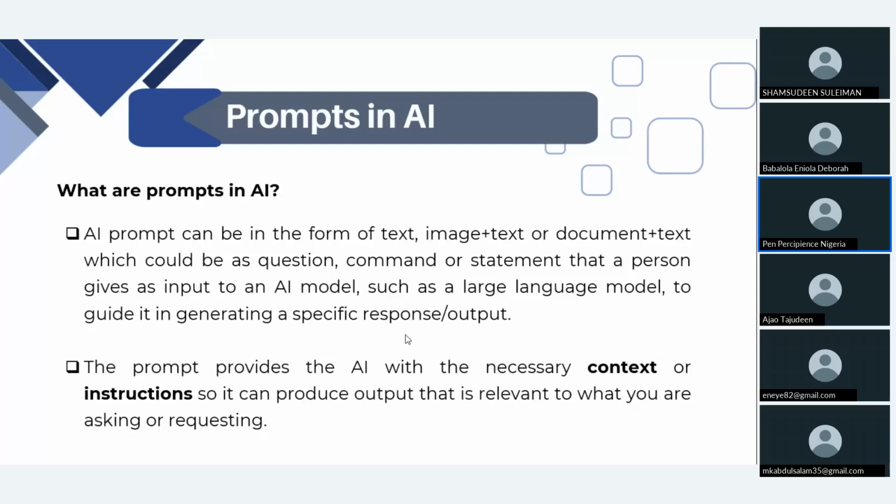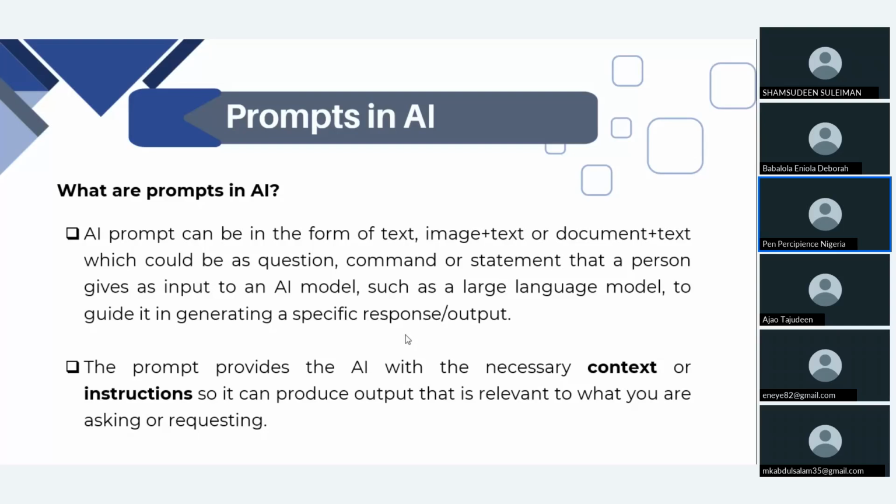But for just a definition, an AI prompt can be in the form of text. It can be image and text together. It can be document and text together, which could be questions, commands, or statements that a person gives as input to an AI model, such as large language models, to guide it in generating a specific response or output.